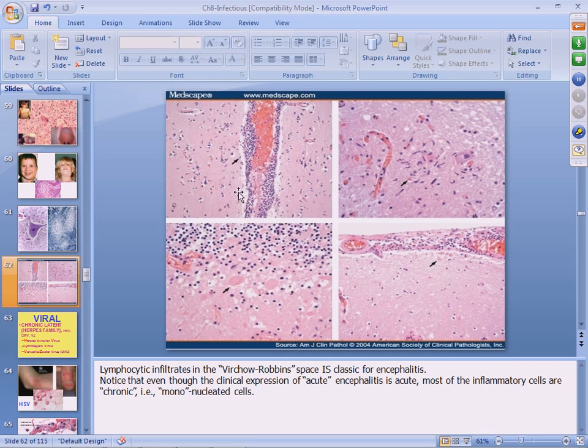So the thing to take home from that, which will be true almost all the time, I couldn't think of somebody tricking you otherwise, is whenever you're looking at central nervous system tissue and you see blood vessels cuffed, C-U-F-F-E-D, by inflammatory cells, chiefly lymphocytic inflammatory cells, that is an encephalitis, and it's most likely a viral encephalitis. Okay.